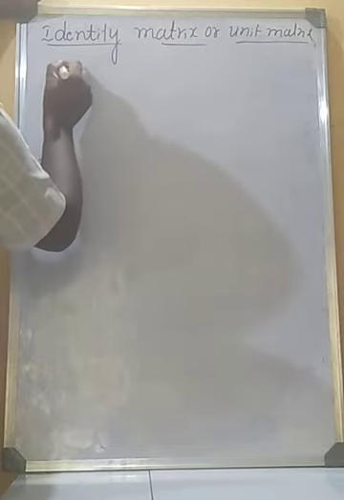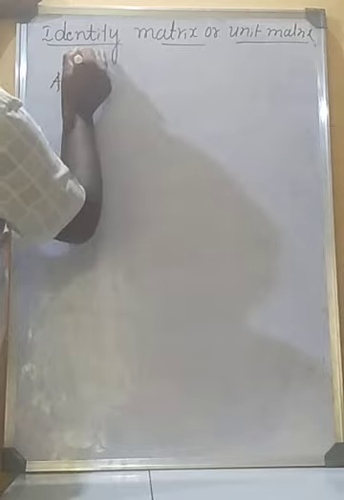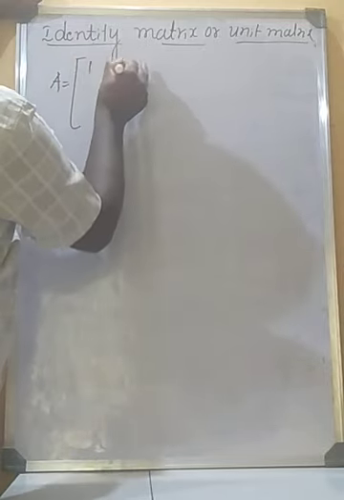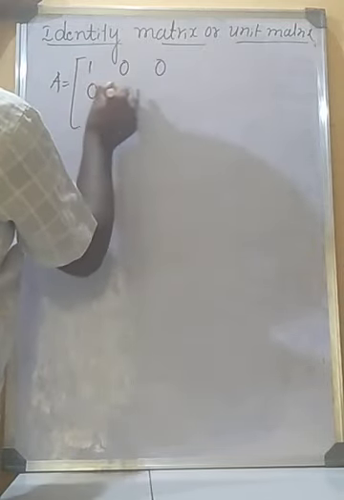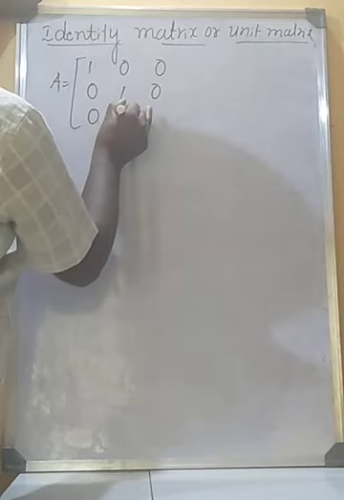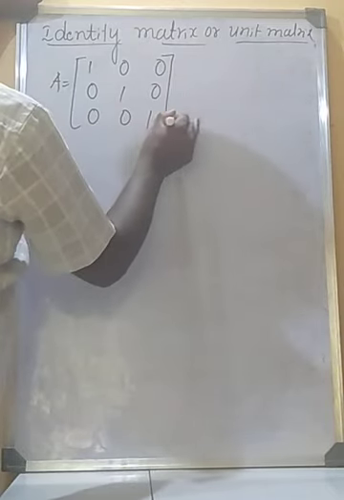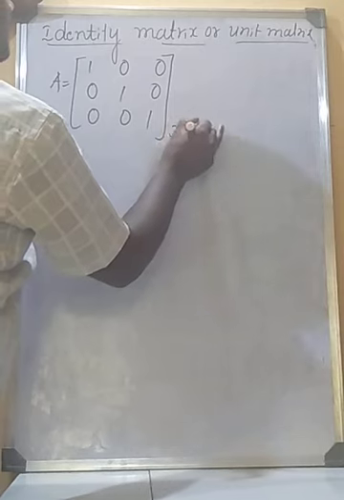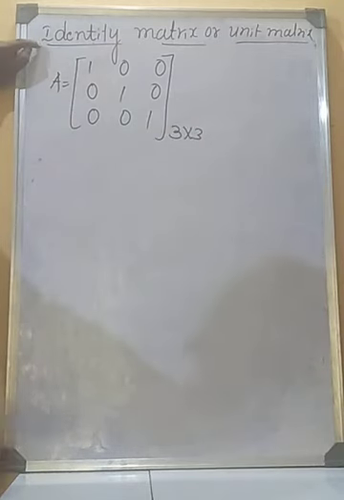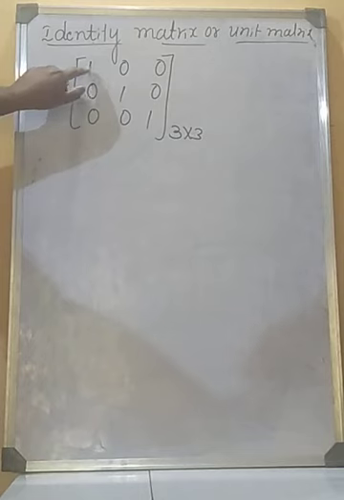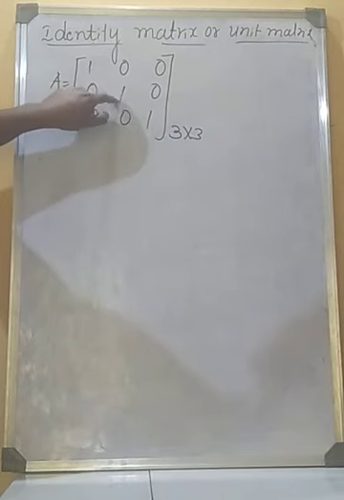That means, for example, matrix A is equal to [1 0 0; 0 1 0; 0 0 1]. Order is 3 cross 3. So an identity matrix is a diagonal matrix in which the principal diagonal elements are unity.